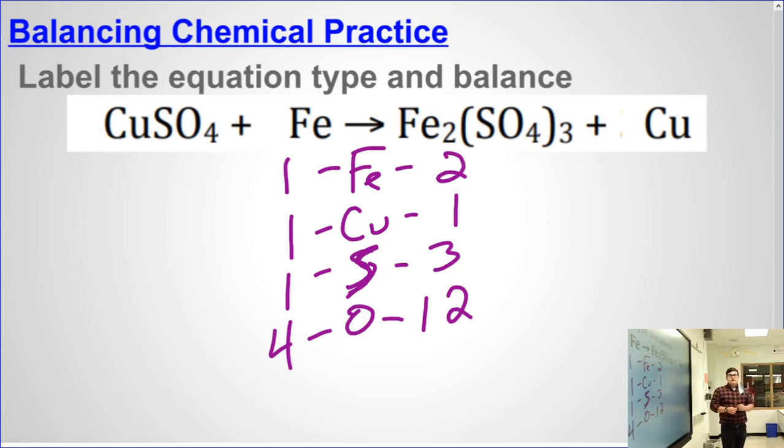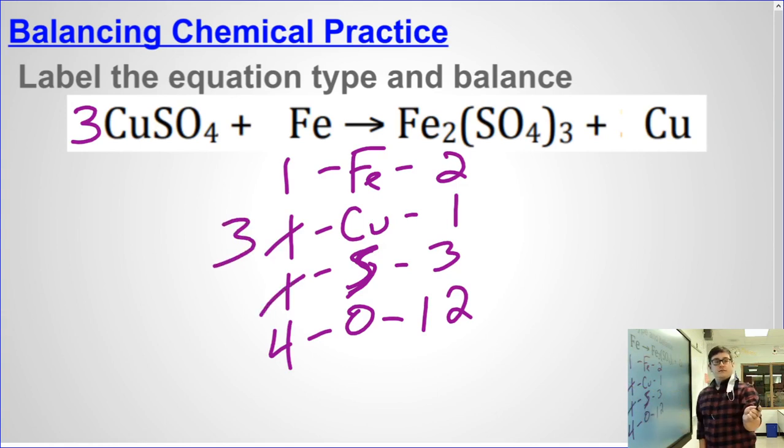Alright. Elena, can you help me with that first step we worked on? Yeah. What's the first step we did? You times it by 3. Absolutely. We took our coefficient and multiplied it by 3. How many coppers do I have now on the left side? The Cus. 3.